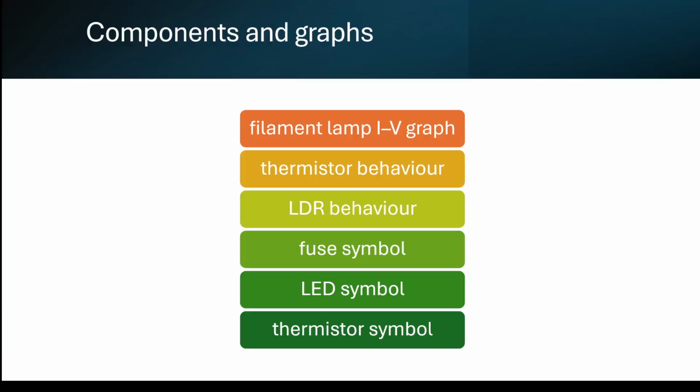Okay, now you also need to know the graphs of different components. Let's start with the filament lamp. The shape of the graph is not a straight line. Why does this happen?